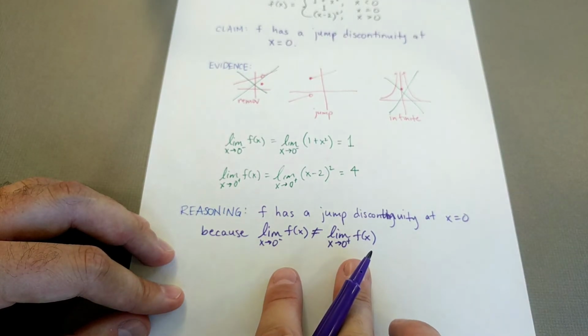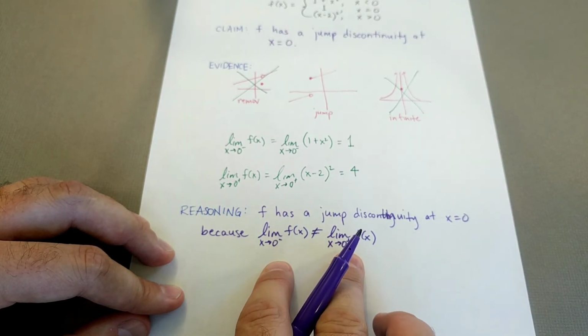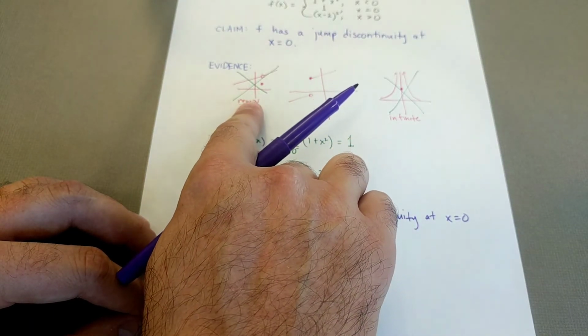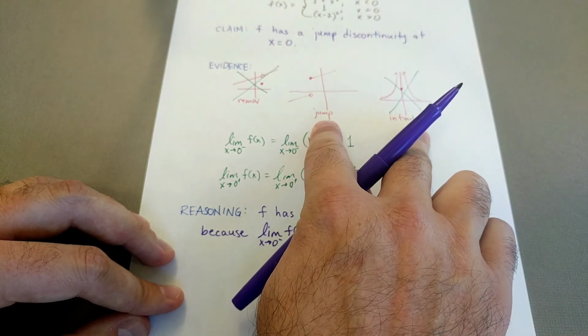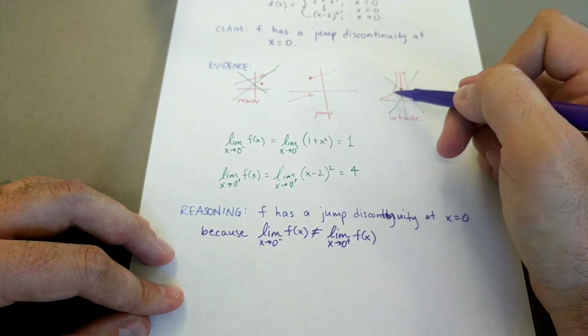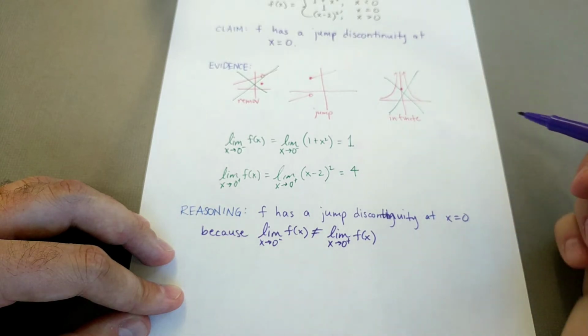That wouldn't be enough. If they were equal, then we would have possibly a removable. But since I'm saying they're not equal, it would have to be one of these two. So the infinite discontinuity, I drew it this way, but it could be that the other one goes the other way.